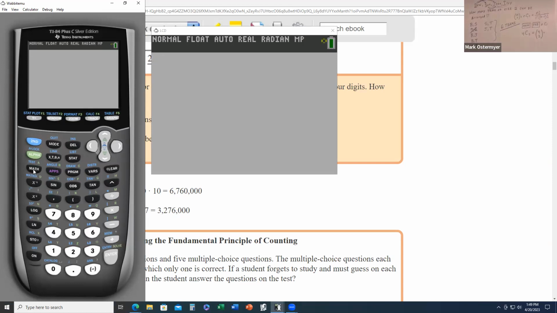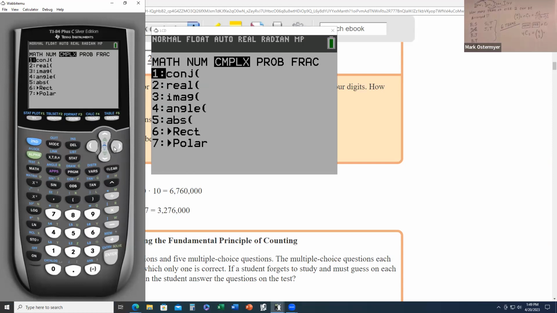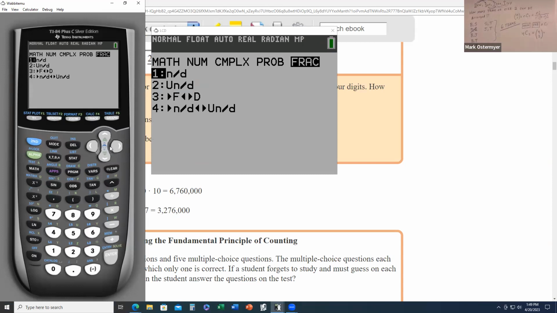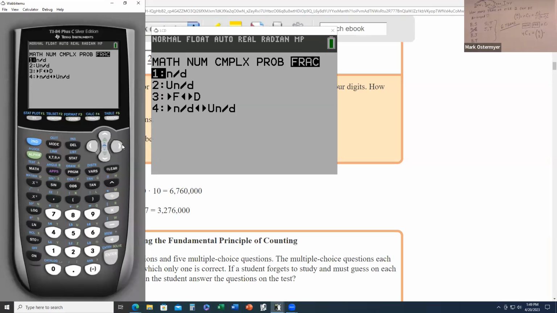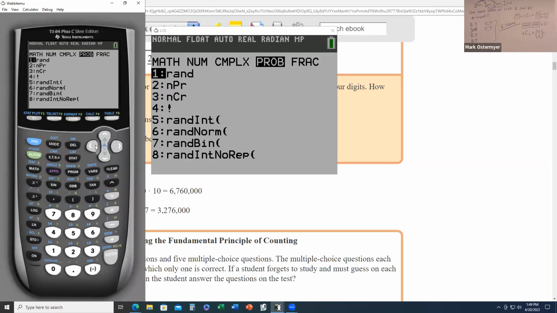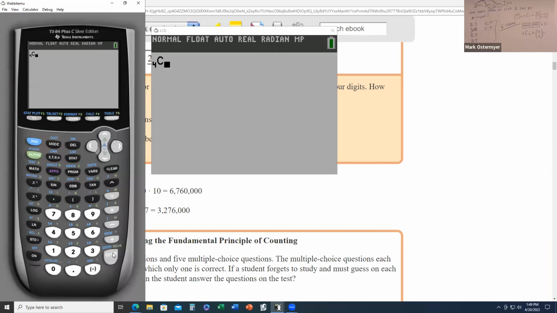So 4, math, go over to probability, and then select what? nCr. There you go. Now you have to type in what r is. r is 2 in this case. Hit enter, boom, you get 6.